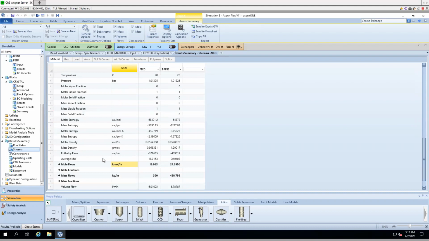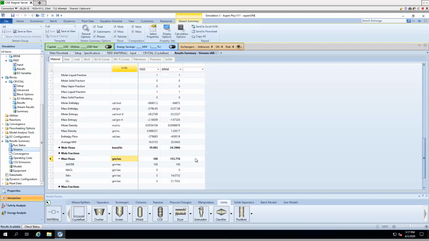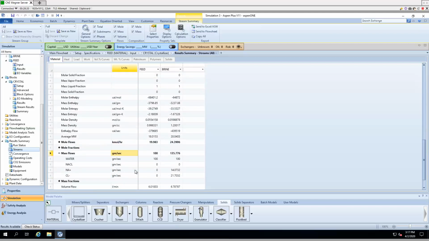So under mixed substream, mass flows, we're going to change it to gram per second. We're going to open that up. And we'll see here that no sodium chloride was in the mixed stream in the input. And there's also still none in the output, because we told the system not to handle solids in the mixed stream. But you will notice that there are ions now in the mixed stream.